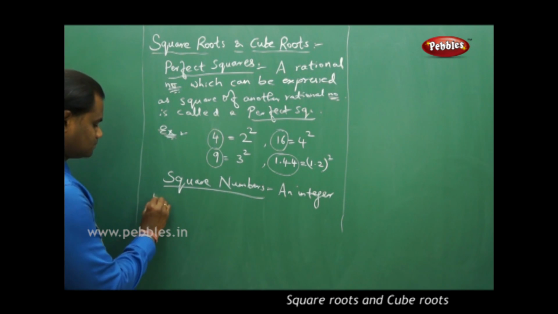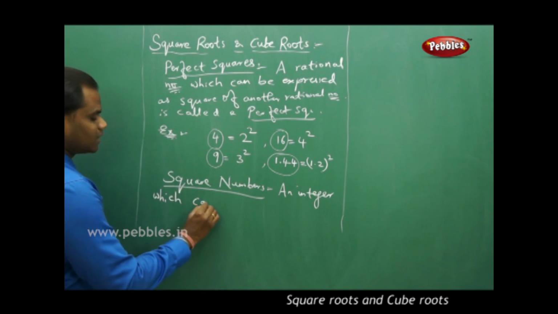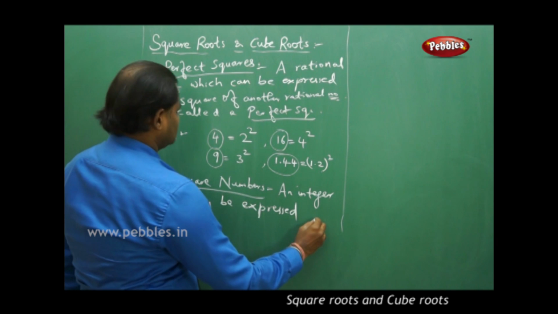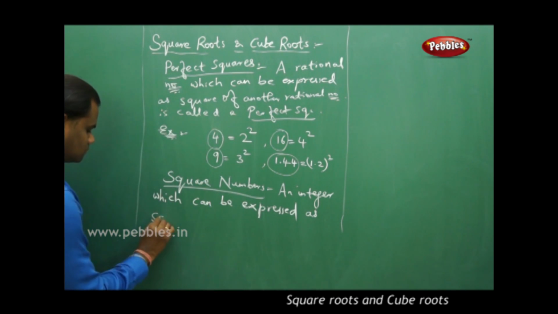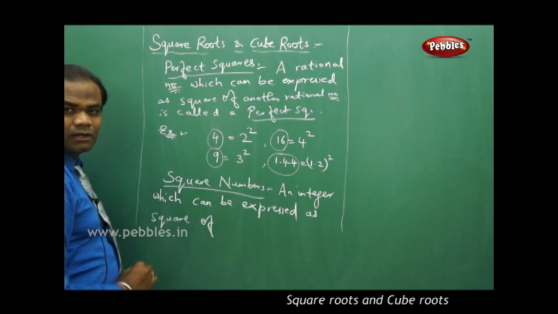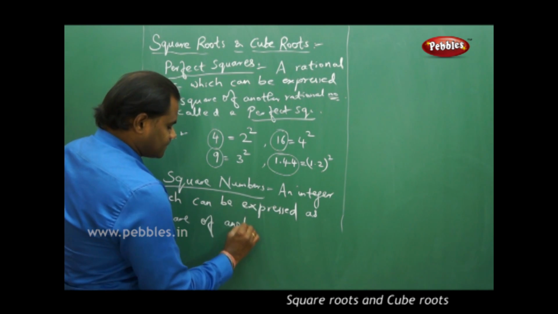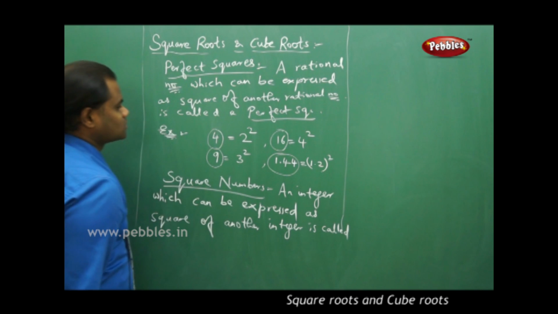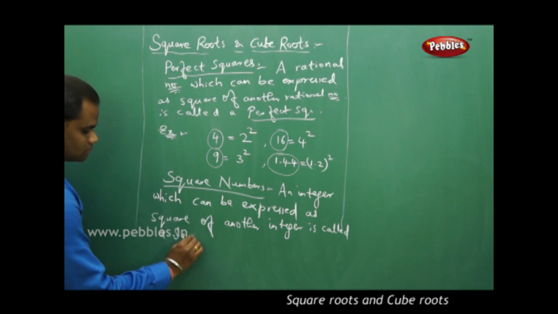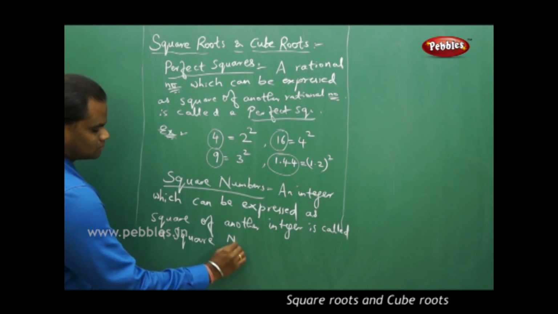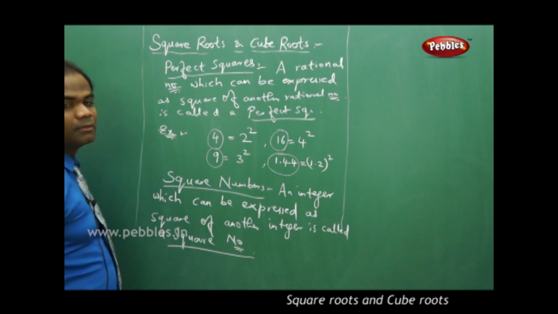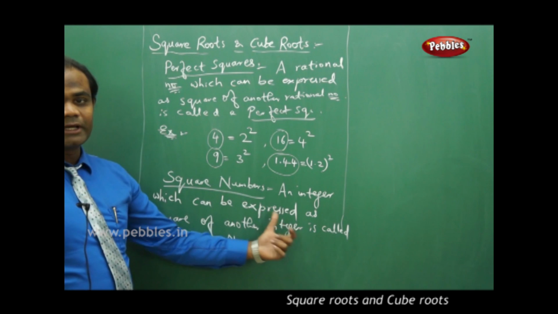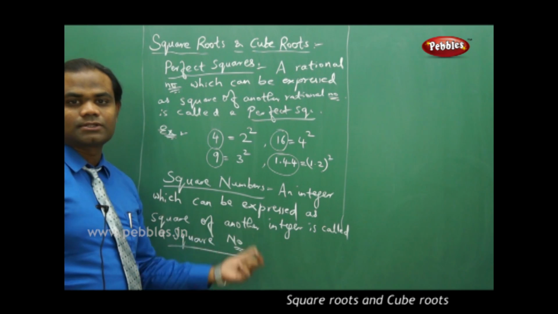So an integer which can be expressed as square of another integer is called a square number. This is how we define the square number.